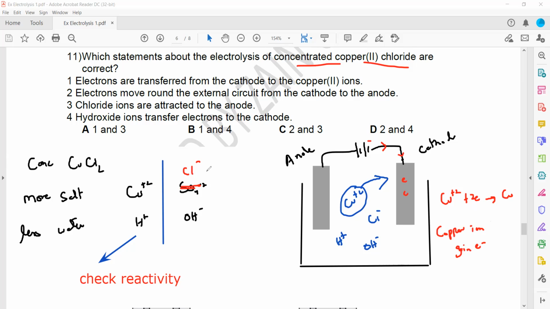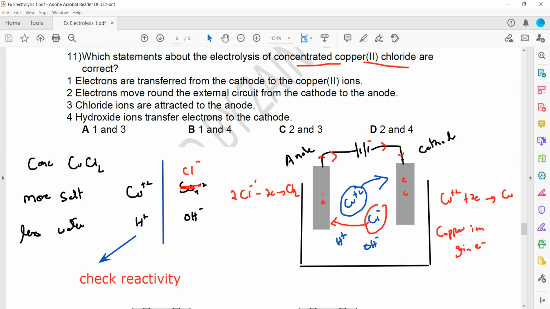When we check the negative ion, the chloride ions are more in the solution, so they will move towards the anode. So the equation for the anode: 2 chloride ions lose 2 electrons and turn into a chlorine molecule. So chloride ions are losing electrons, turning into a chlorine molecule, whereas copper ions are gaining electrons and turning into copper atoms.